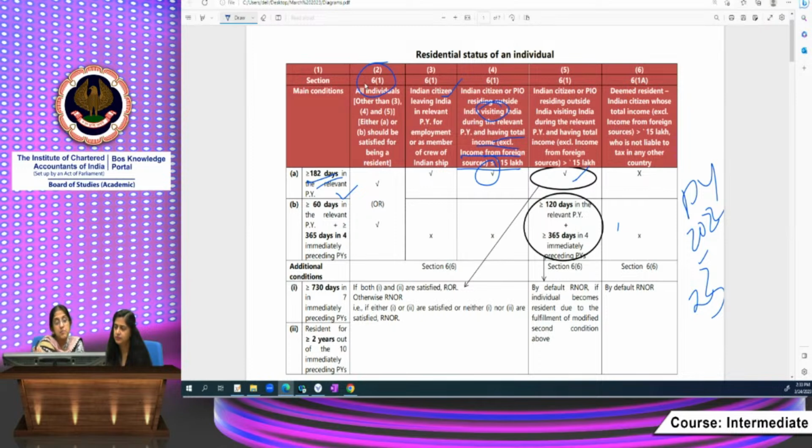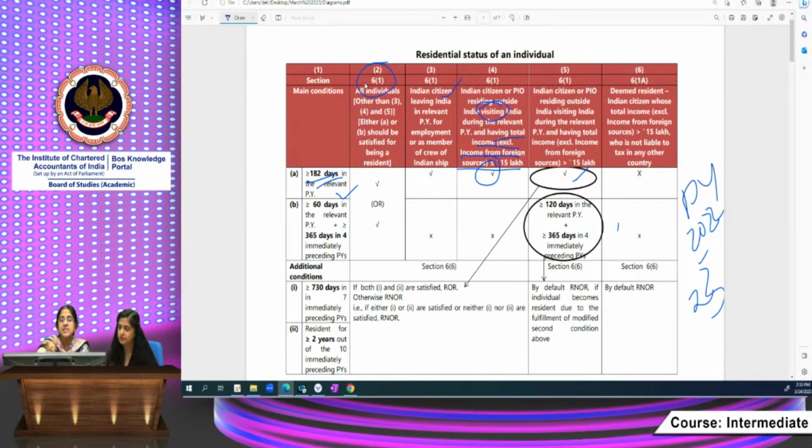Now, let me come to deemed resident. Who is a deemed resident? All this while, my number of days of stay in India was very important, whether it's 182 days or 60 days or 365 days in the previous year, 120 days, so many days. Deemed resident is a person who is basically not a resident as per 6.1. That's why he comes into the 6.1a provision. Only if he is a non-resident as per 6.1, you will come into the deemed resident provision as per 6.1a.